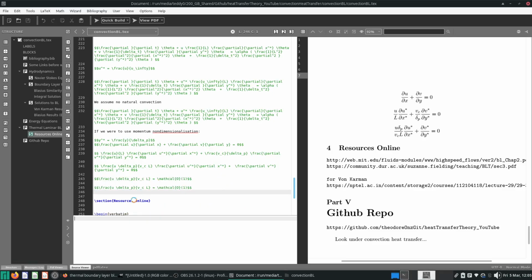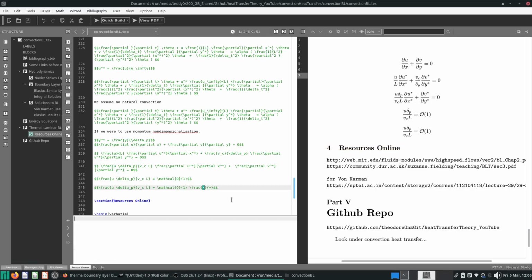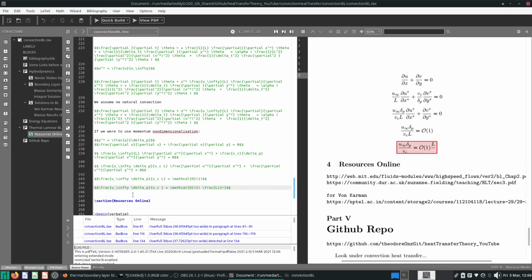So the characteristic V velocity will be on this order of magnitude. I think I forgot the U infinity there. So I have to take L away. I want to do it like that.